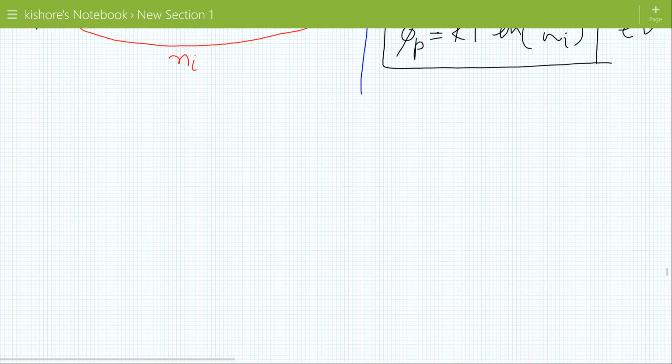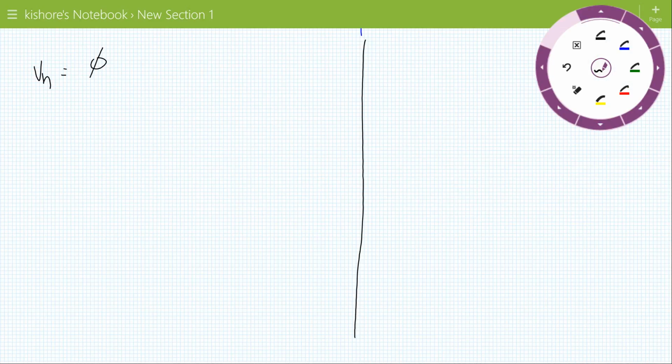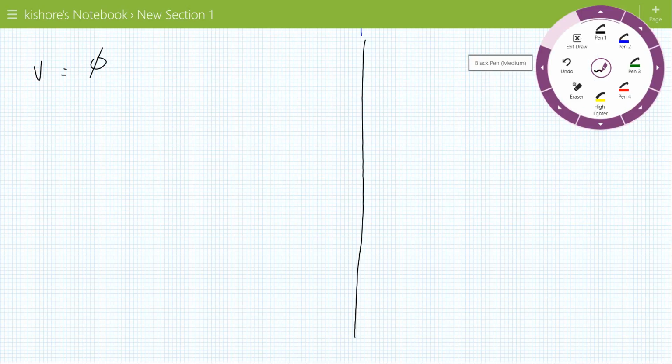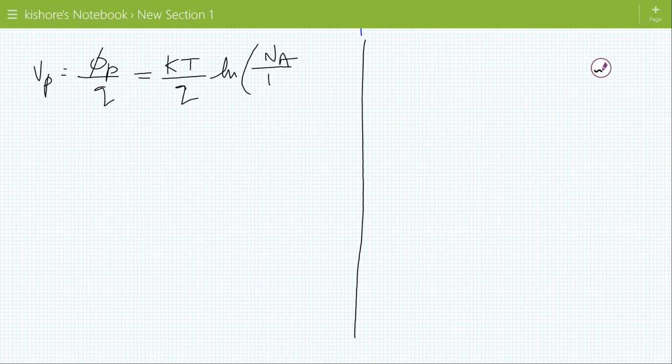Now we can write this expression. If we have to write this electrostatic potential in volts, then this is Vp, that is phi p by q, that is Kt by q natural log of Na by Ni.